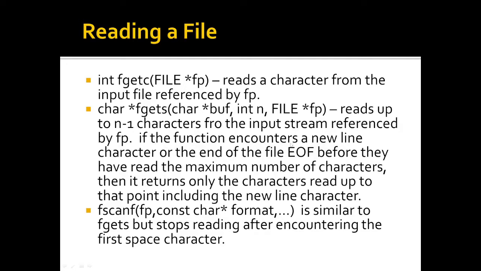If the function encounters a new line, that may be the \n or enter key in the text file, or the end of the file EOF, before it has read the maximum number of characters n, then it returns only the characters read up to that point, including the new line character. fscanf is similar to fgets but stops reading after encountering the first space character.